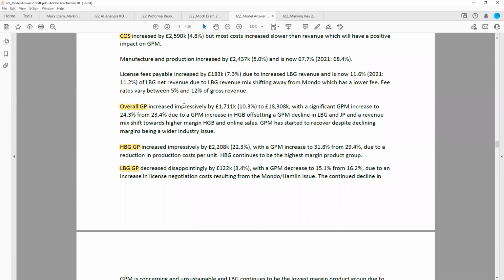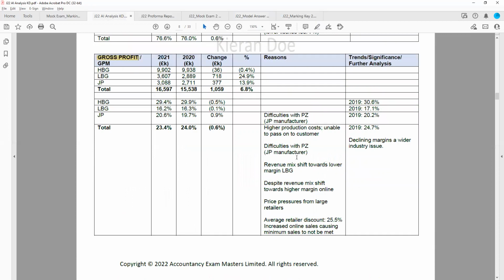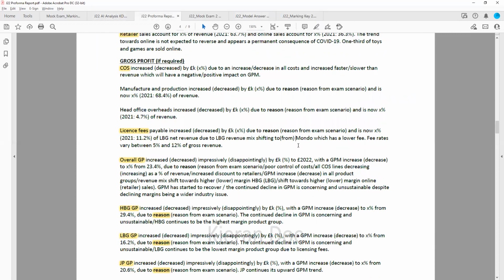And then, if you look at overall gross profit, this is where the really interesting bits are, because you can look at, yes, it's gone up, which is good, but then focus on that margin. There's been a significant increase in the gross profit margin from this to this. And then what are our reasons? We thought about these a lot in the AI analysis class when I explained all of these in great detail. There are lots of reasons why the gross profit margin might improve or decline.